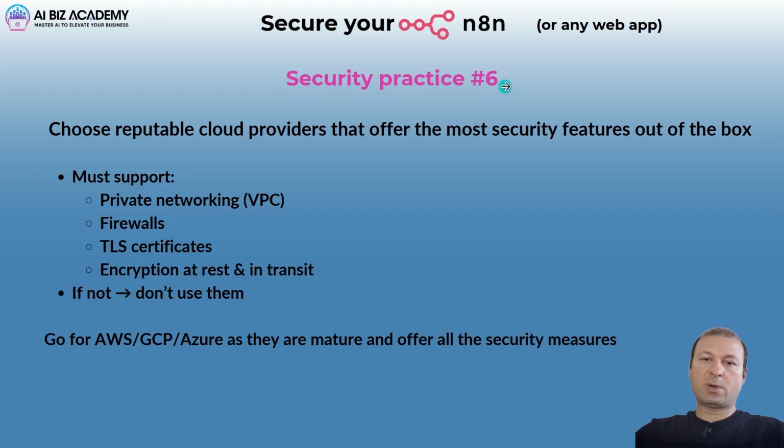And security practice number 6, and this is more like an advice, is to choose only reputable cloud providers that offer the most security features out of the box. As you saw previously, many of the features that I was talking about are provided automatically by these cloud providers.